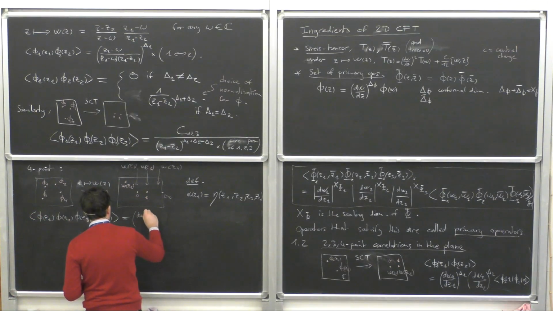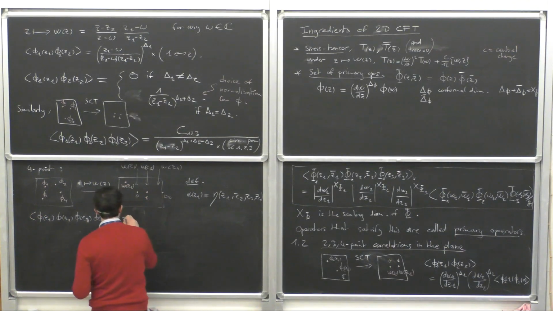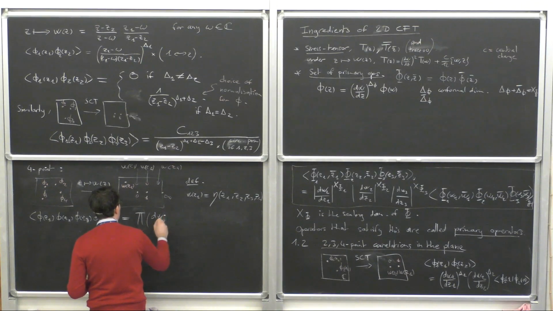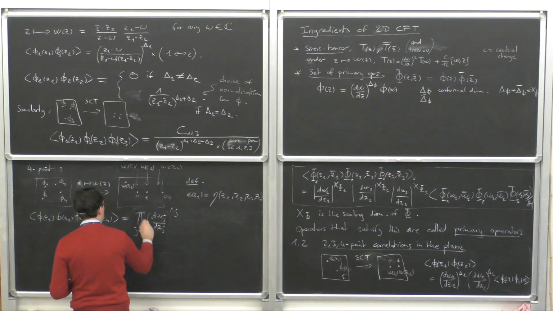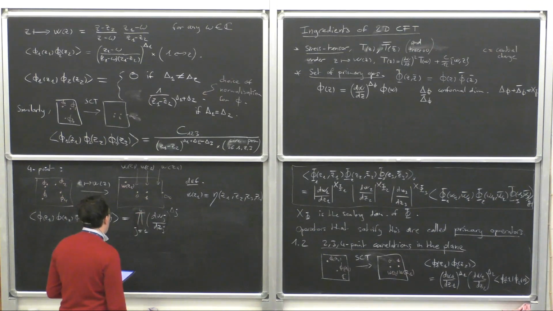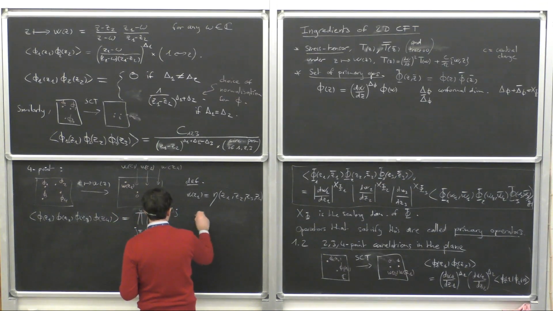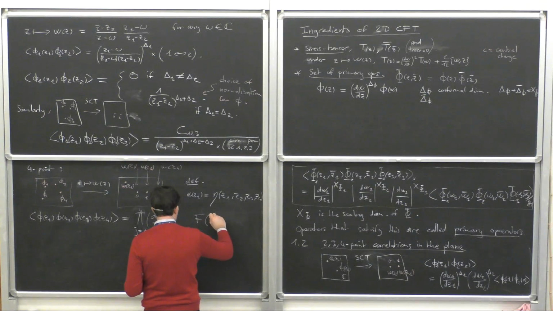So we pick this product of Jacobians, dWj over dzj to the delta j, for j equals 1 to 4. But then there's something that we cannot get rid of, and that's some function f of the cross ratio that we don't know.